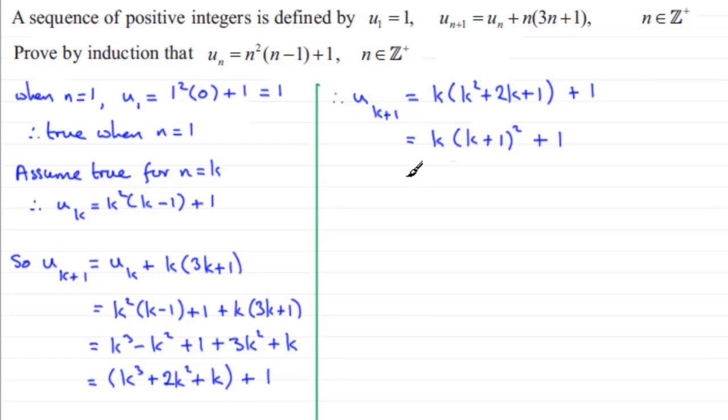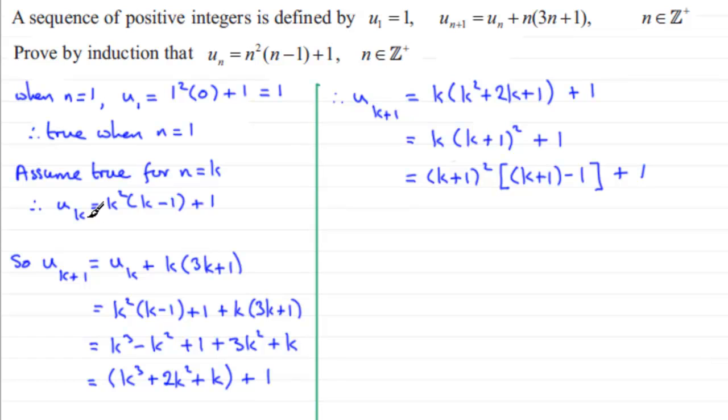Now if I swap it round, we've got (k + 1) all squared, and then for k, if I write that as (k + 1) and then subtract 1, and then put the plus 1 on the end, I've now got the form that I was expecting. We've got (k + 1) all squared, and here we've just got (k + 1 - 1) and then plus 1.